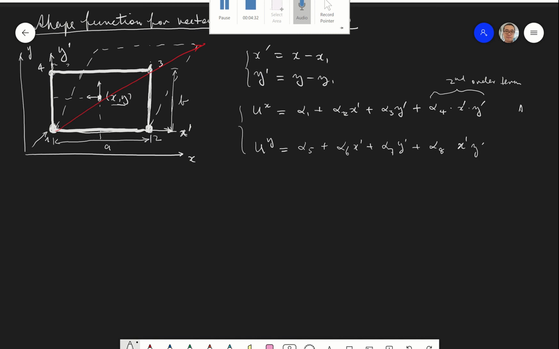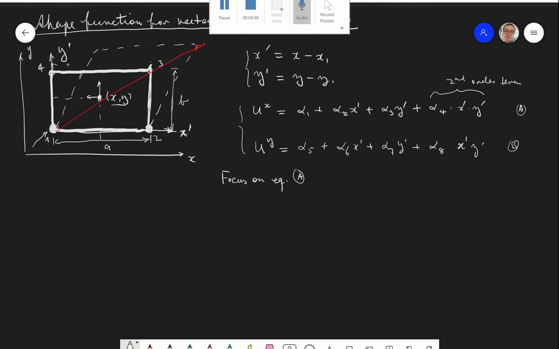So we have equations A and B. Now, because they are of an identical mathematical form, we can basically focus on equation A.